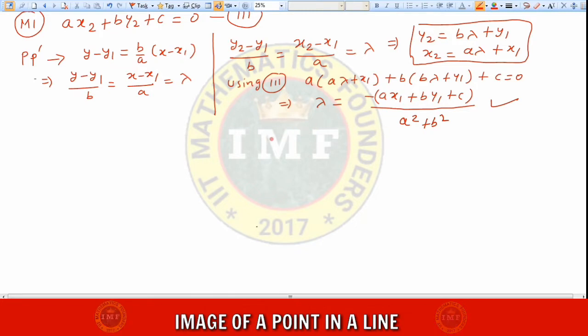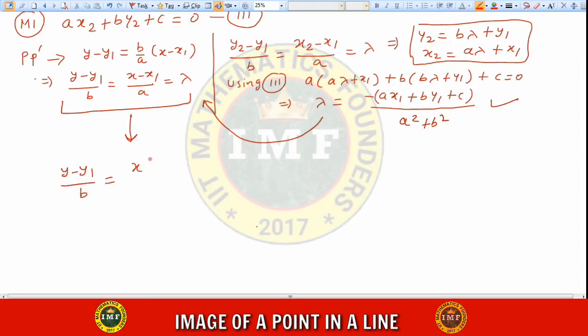Now from this equation I am putting the value of lambda here. So what I'll get: y minus y1 upon b is equal to x minus x1 upon a is equal to lambda. Since the value of lambda is fixed, y becomes y2 and x becomes x2.